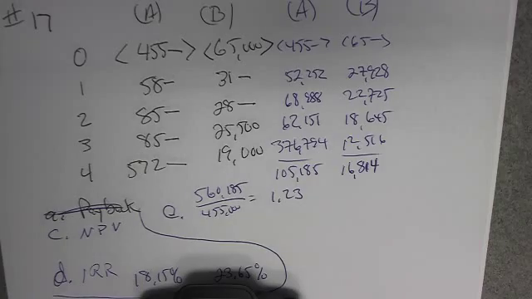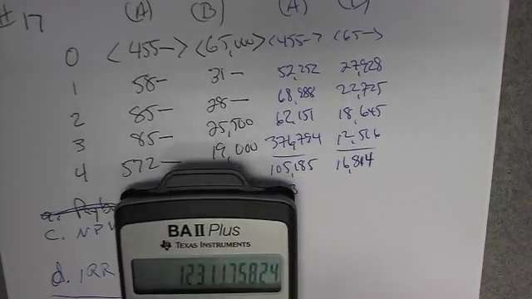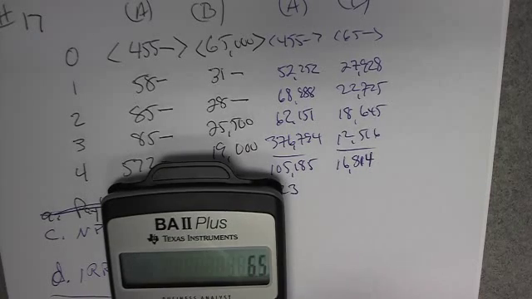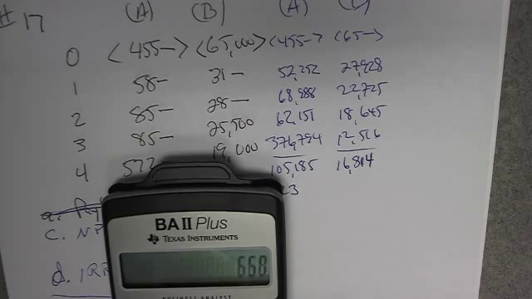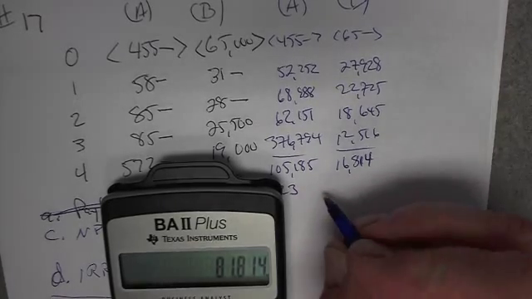Okay, so let's do the same with B. We know that we had $65,000 initial investment, and the present value of the cash flows is $16,000 greater than that. So the present value of the cash flows would be $81,814.